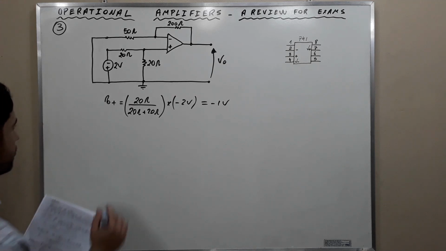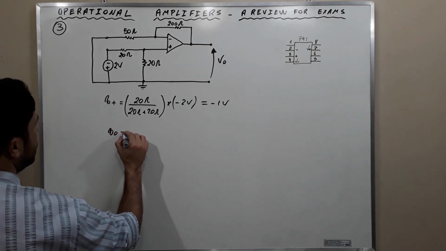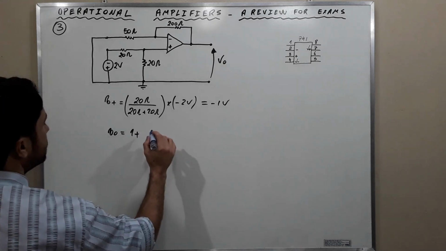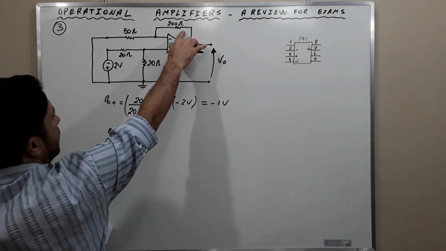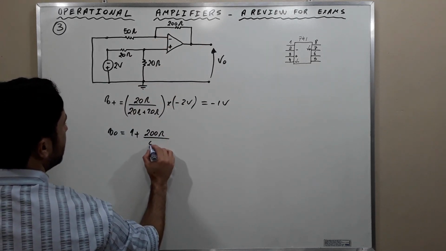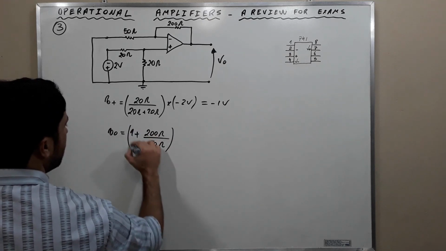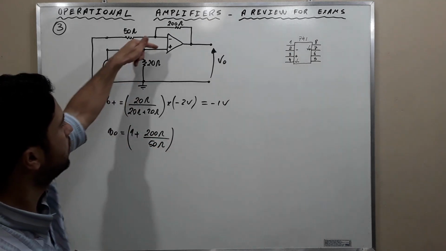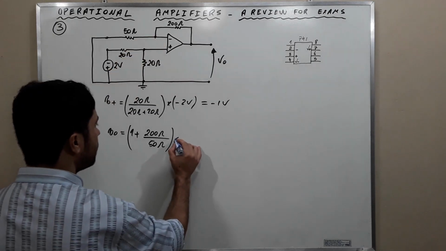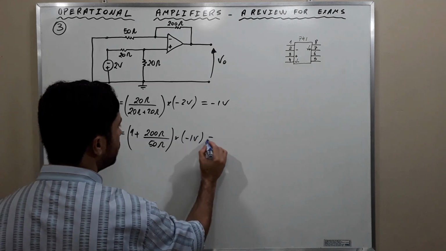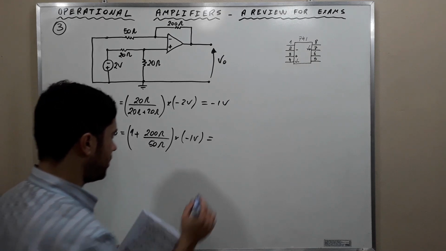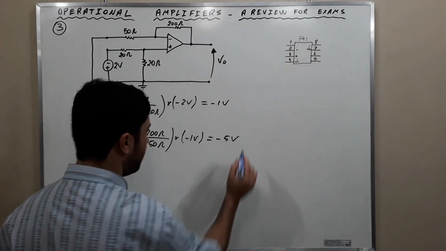And it is going to be, then VO is going to be 1 plus this divided by this, 200 ohms divided by 50 ohms times the signal applied here. We calculated it and we found negative 1 volts. And calculating, we find ultimately that VO is negative 5 volts.